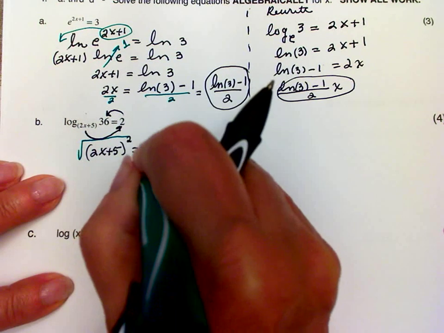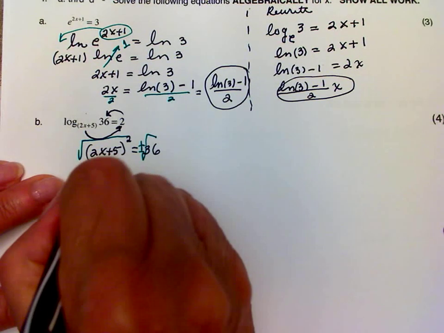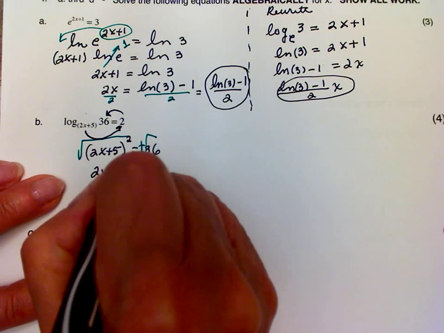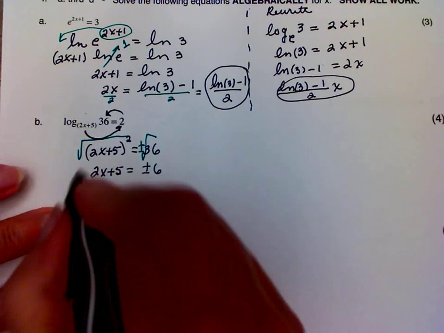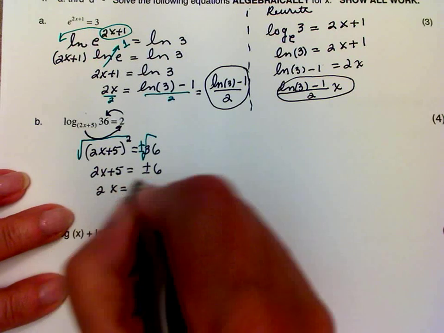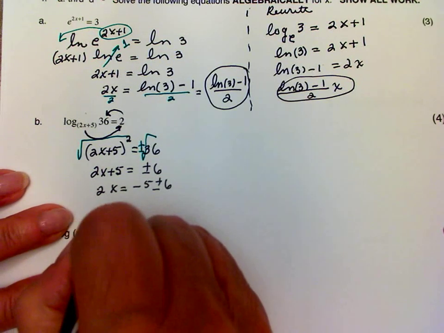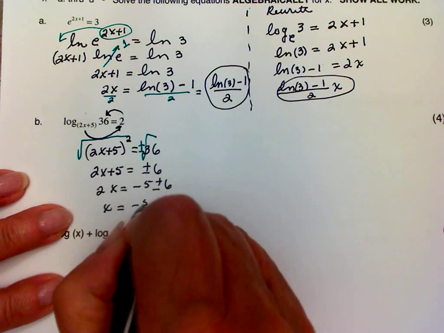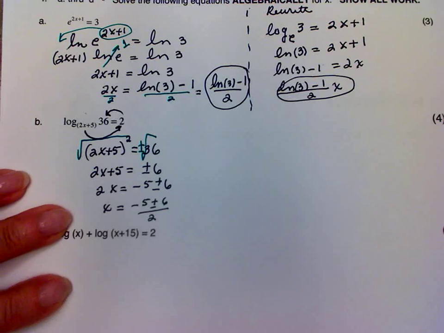So take the square root of both sides. Don't forget the plus or minus. So that 2x plus 5 equals plus or minus 6. 2x equals minus 5 plus or minus 6. Or x equals minus 5 plus or minus 6, divided by 2.